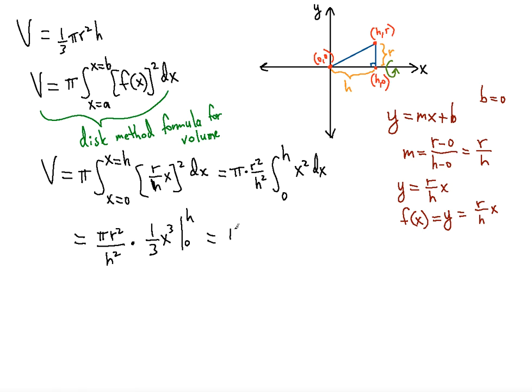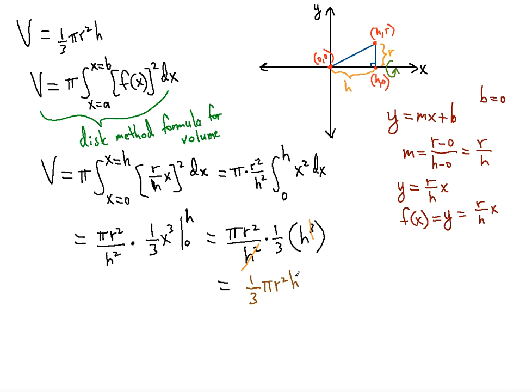And that turns into pi r squared over h squared multiplied by 1/3, and then we can just input the h, the 0 doesn't matter, so it's going to be h to the third. And what happens? H to the third goes away, becomes the h, this guy's completely gone, so we're having the final answer, 1/3 pi r squared h.